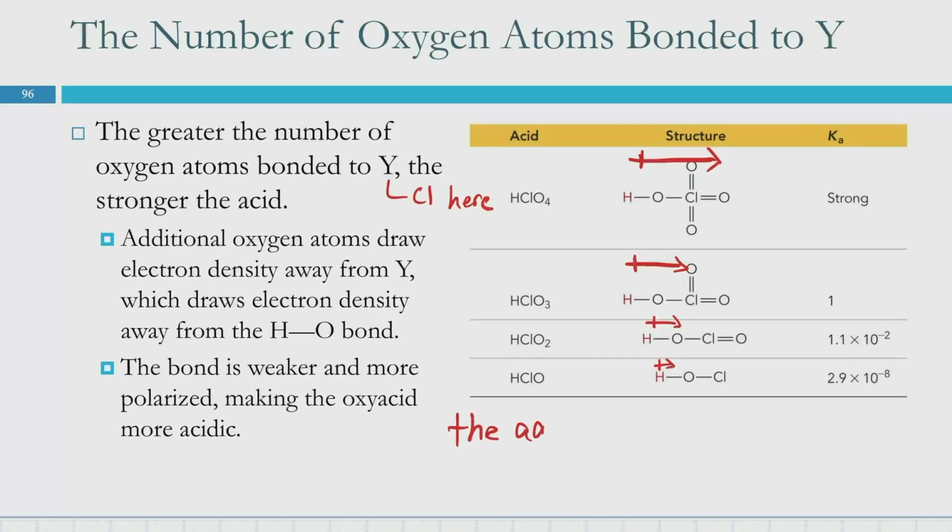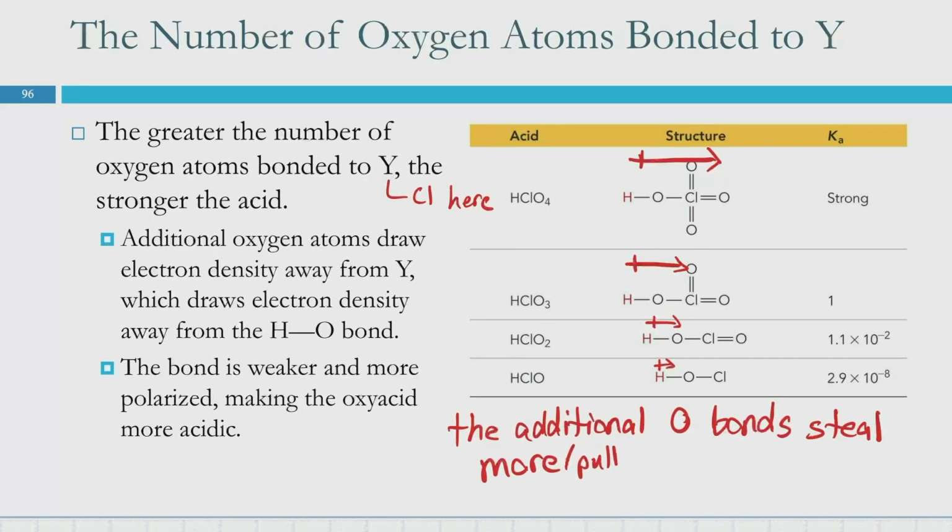The additional oxygen bonds steal more, or pull more, electron density from the hydrogen.